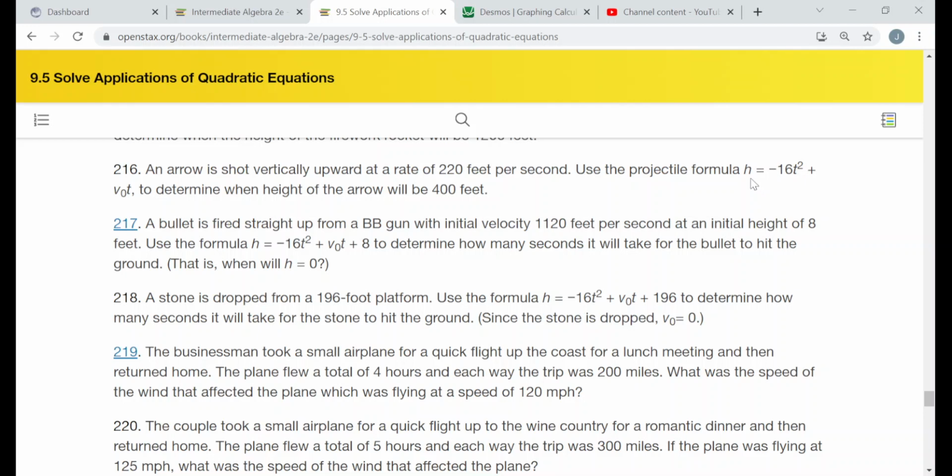H represents the height off the ground, t represents time, in seconds here because they give us speed in feet per second, and v sub 0 is initial velocity. We'll count upward as positive velocity and downward as negative velocity. And determine when the height of the arrow will be 400 feet.